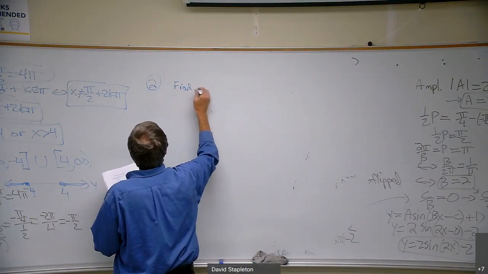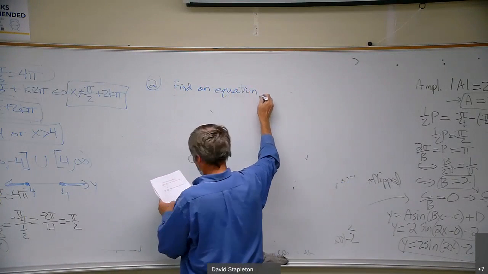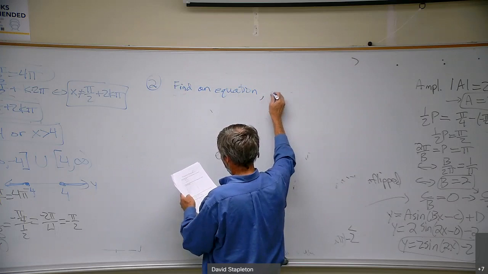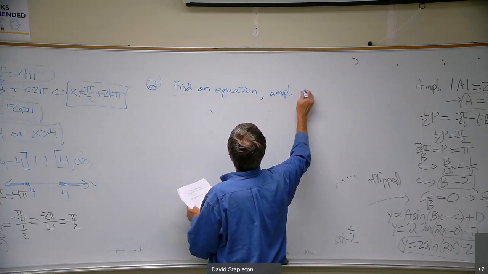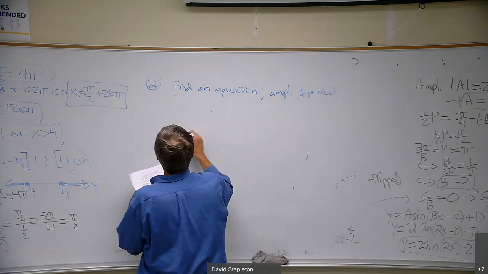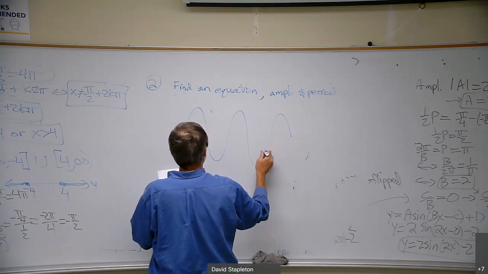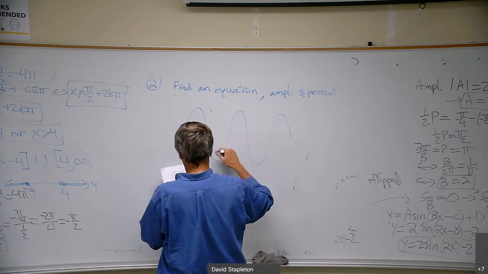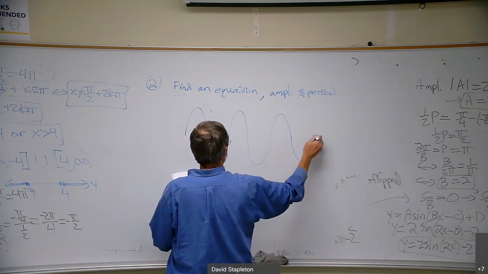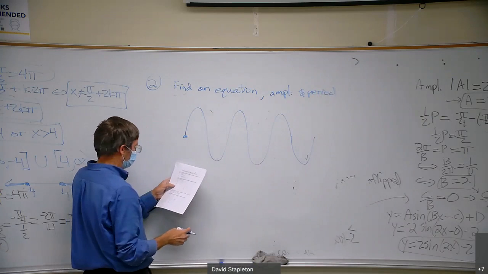Find an equation for the graph, amplitude and period. If it looks like this, it's evidently a sine wave. It's like that. And for this first one, you have to find exact points on here.